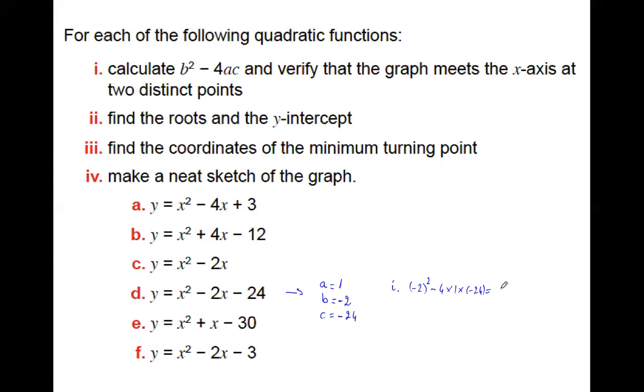You put all that in your calculator and you get, so negative 2 squared minus 4 times 1 times negative 24, and the answer I get is 100.